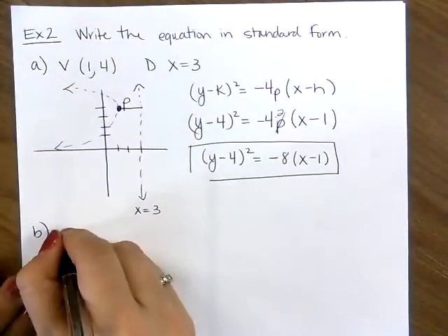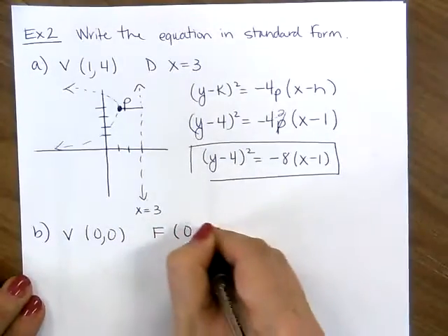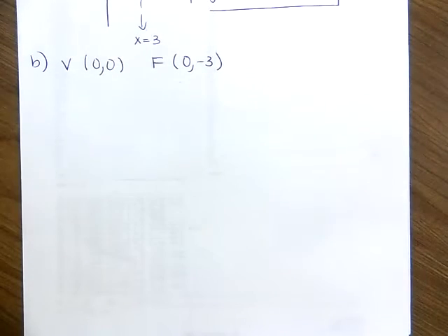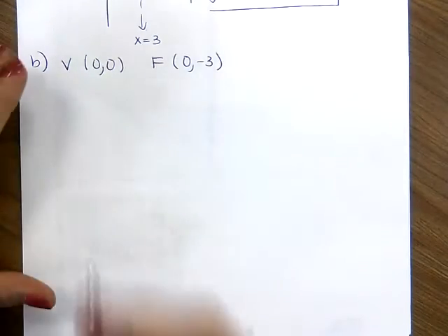Now, what if I gave you a vertex of 0, 0 and a focus of 0, negative 3? What should you do first?